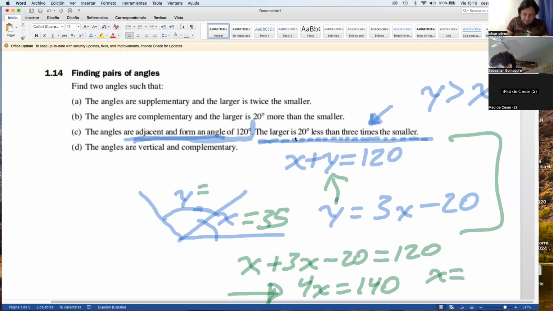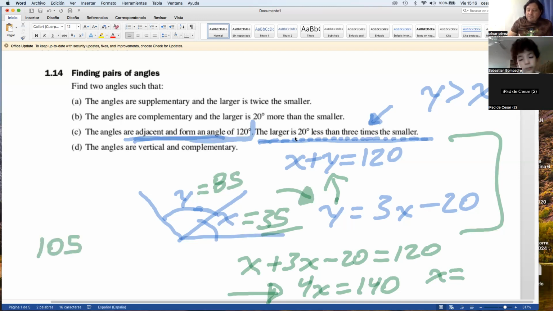Okay, 85. That's right. And it's not necessary, but we can verify if this is the right answer. 3 times this will be 105 minus 20. We will have 85. Okay, that's right.